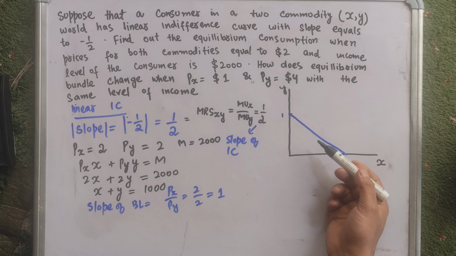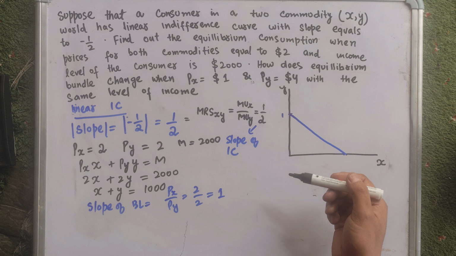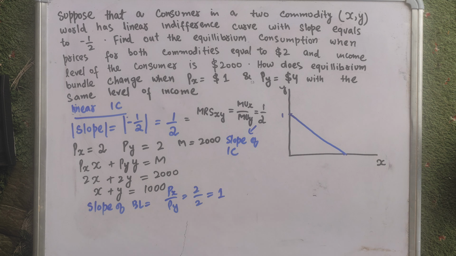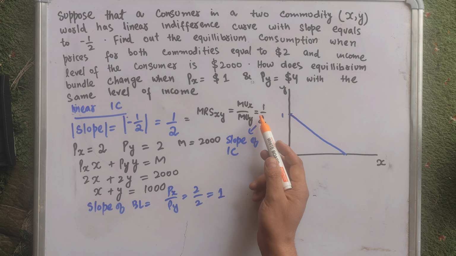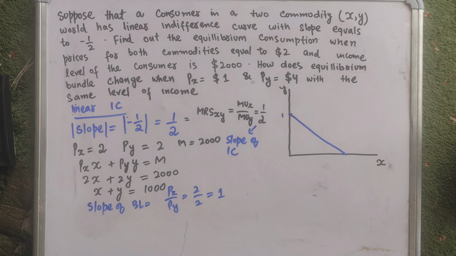Now with the given budget line in the maximization problem, what is the endeavor of the consumer? He wants to achieve the maximum satisfaction. That is, his endeavor is to reach the highest possible indifference curve. The slope of the indifference curve is 1/2.